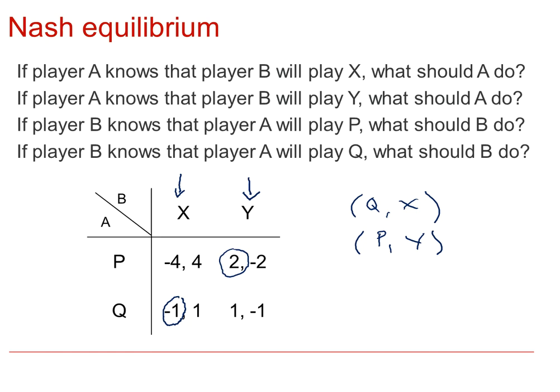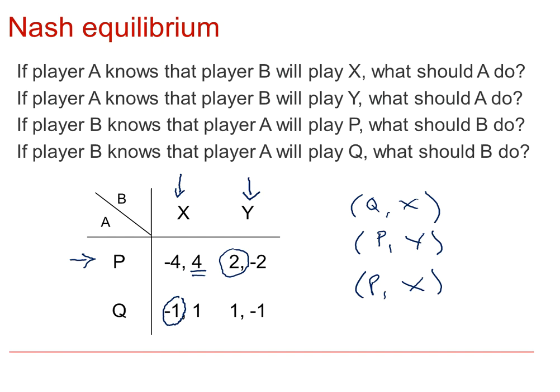Now let's think what B might do if they knew that player A would play P. Well, B has a choice between winning 4 or losing 2. So he or she is going to choose to win 4. And therefore you would have a PX situation.